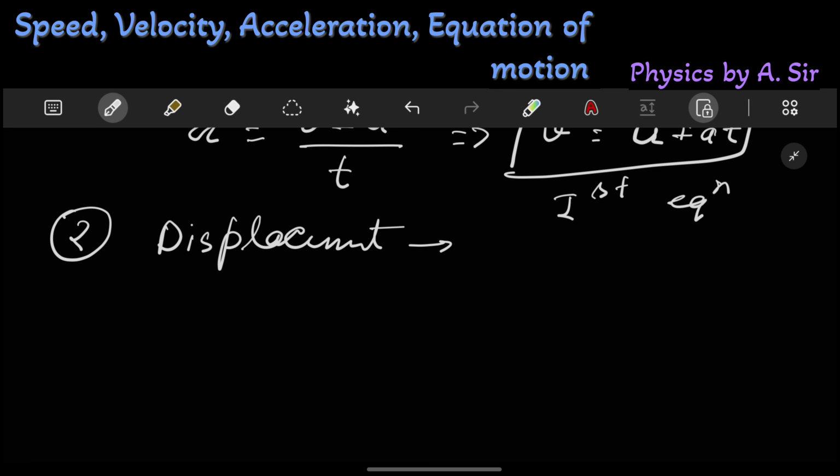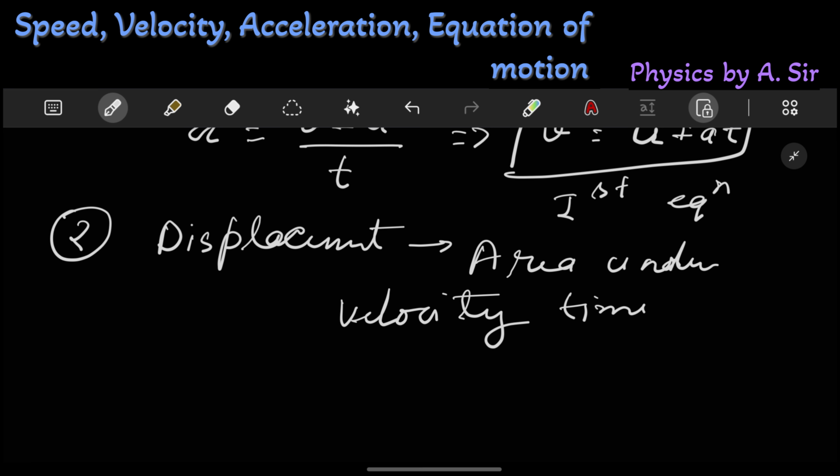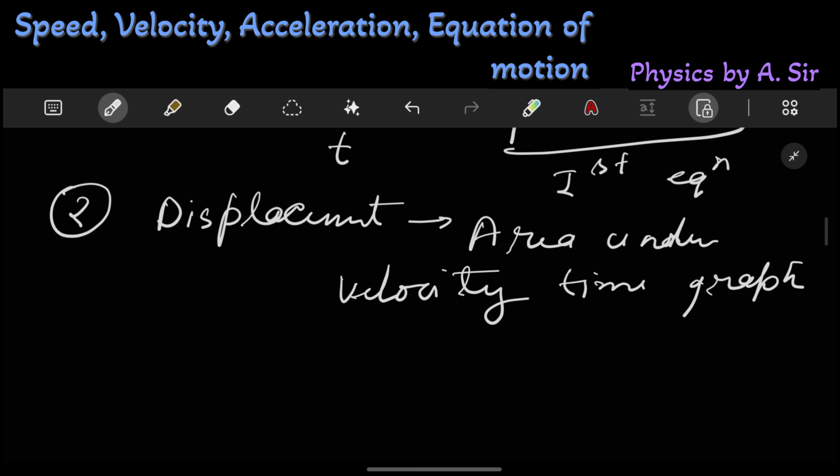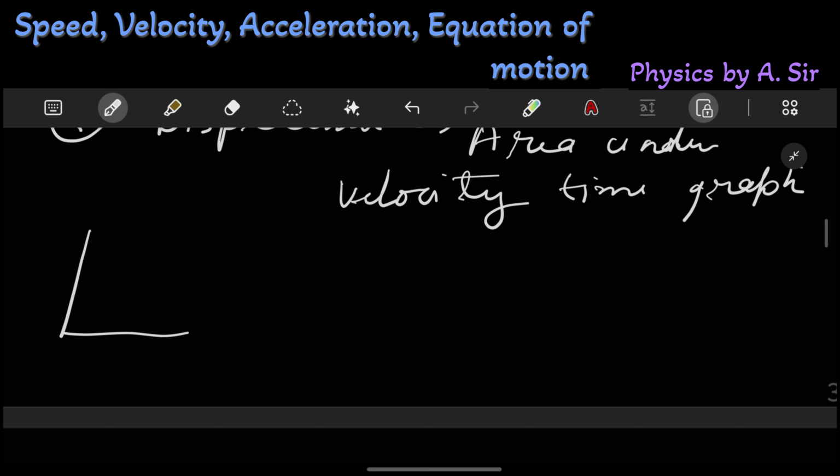is the area under the velocity-time graph. So let's further see this point like this: velocity, time, a straight line, and the area under it means, let's say we have to calculate from this point A to B, then the area under it is only this one.